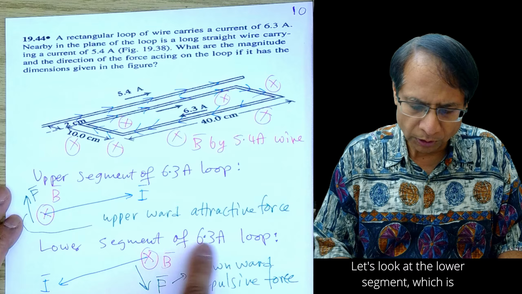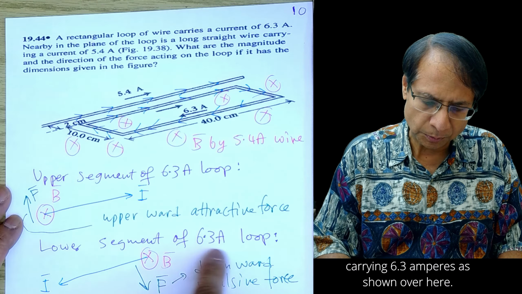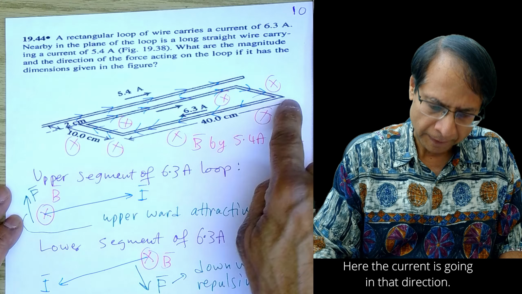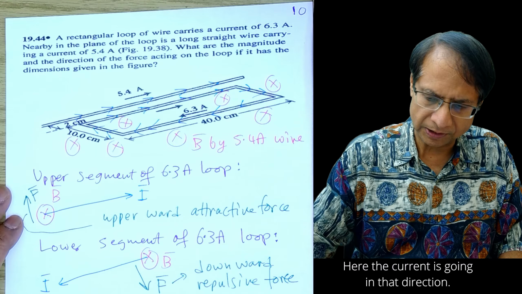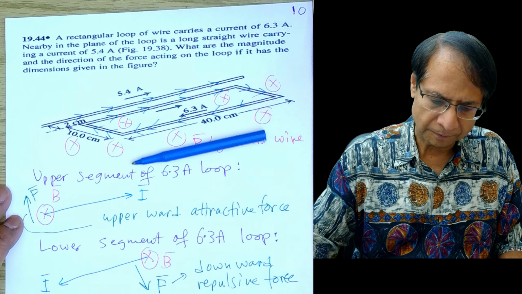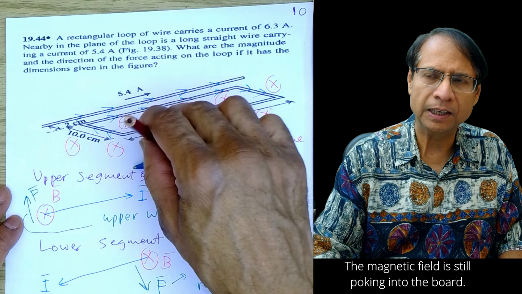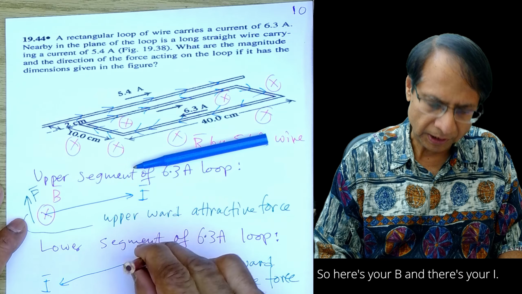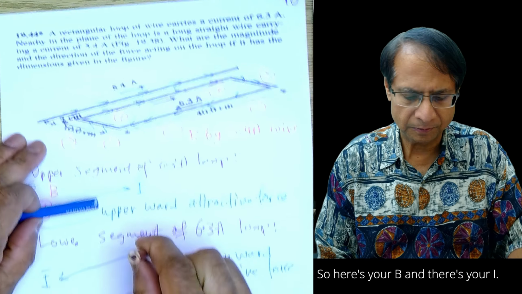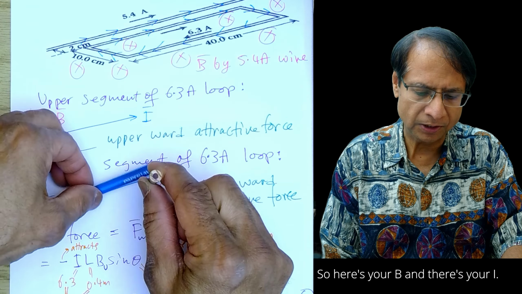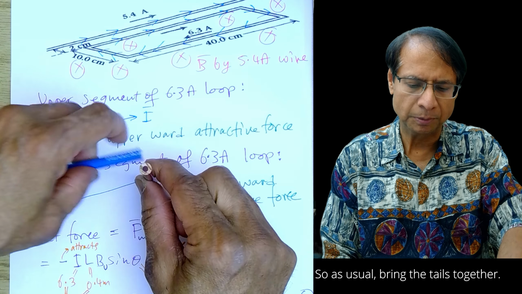Let's look at the lower segment, which is carrying 6.3 amperes as shown over here. Here the current is going in that direction. The magnetic field is still poking into the plane of the board. So here's your B, and there's your I. As usual, bring the tails together.